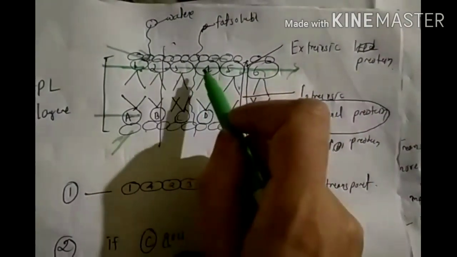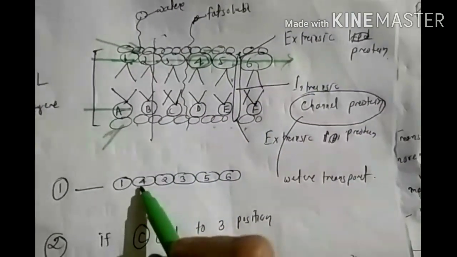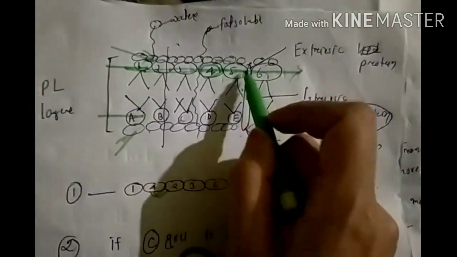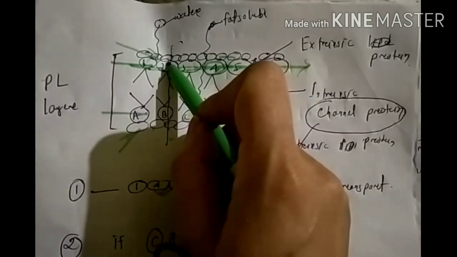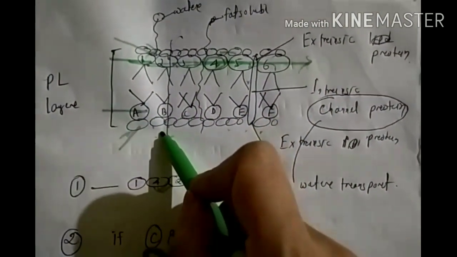A phospholipid will move to another place in the same layer, but in flip-flop movement it can move from the B position to the 2 position and 2 can move to the B position. This kind of movement is called flip-flop movement.